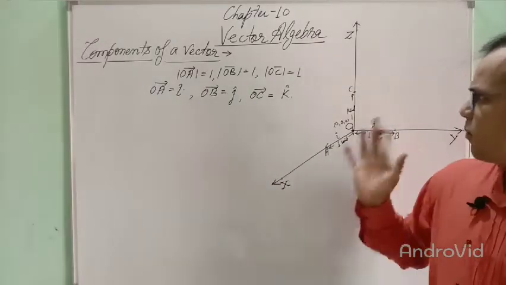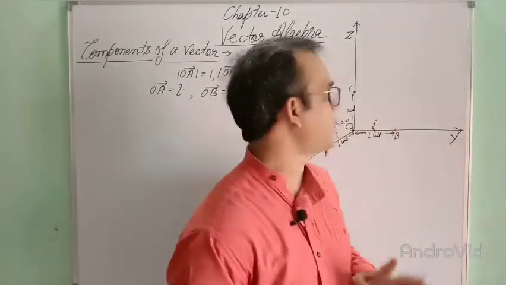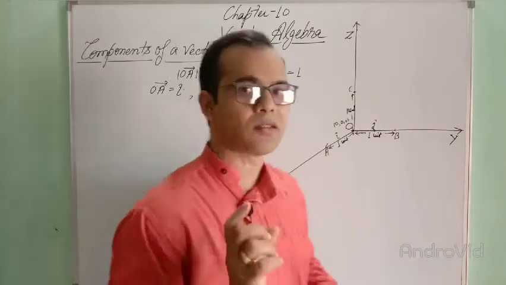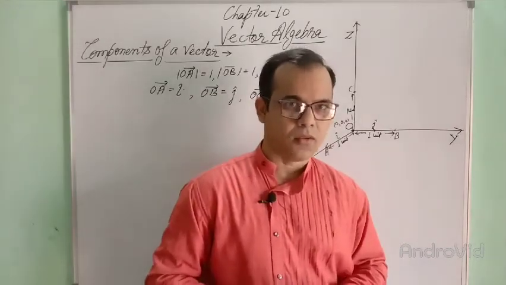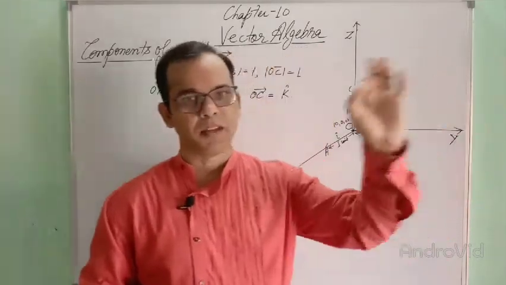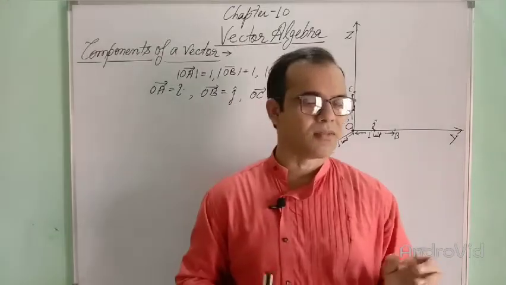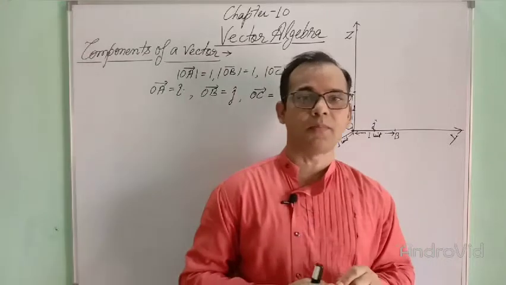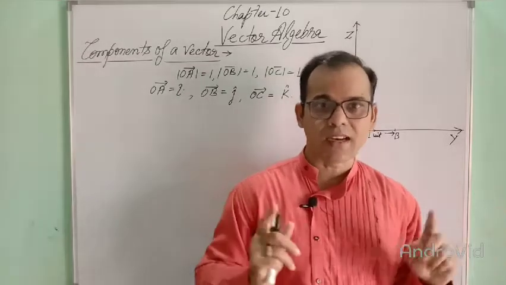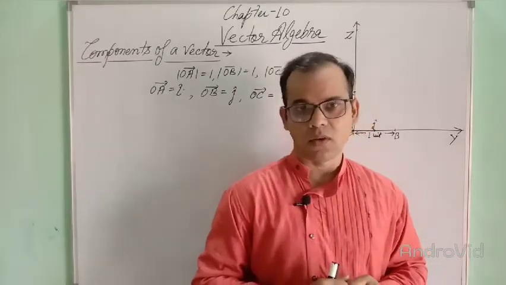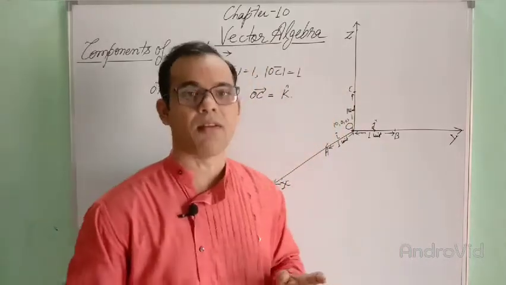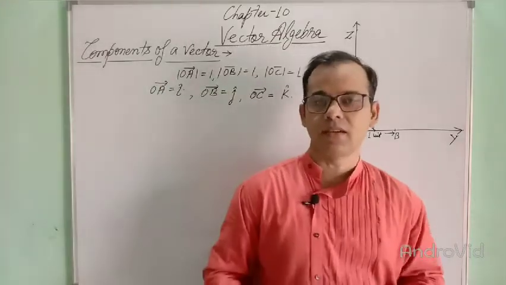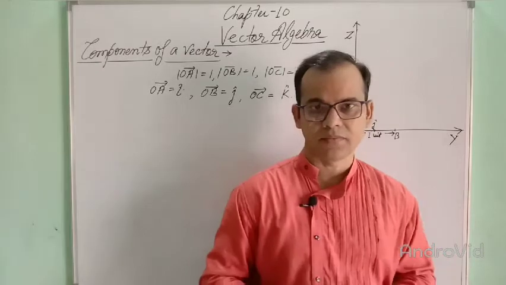Now we will consider a point P in the space that has coordinates x, y, z. Let's suppose there is a point P in the space having the coordinates x, y and z. It means if we draw the perpendicular from that point P to the respective axes, then the distances covered along the x, y and z axes will be x, y and z.